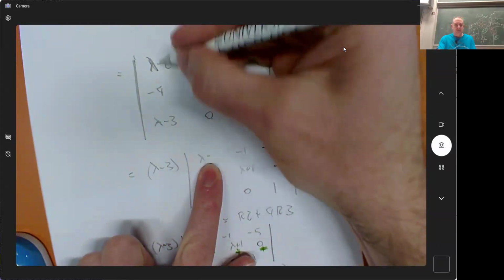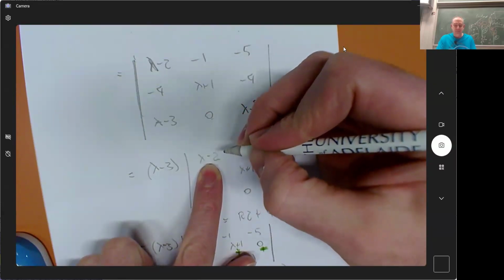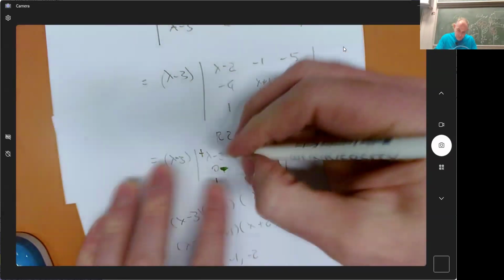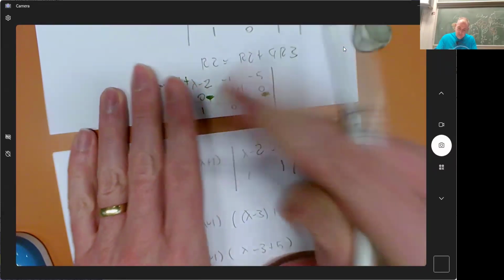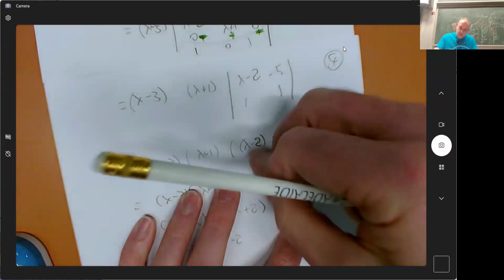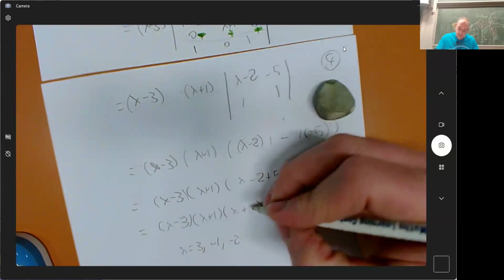Ah, there it is. That's a 2. That there is supposed to be a 2, not a 3. Yep. Lambda minus 2, lambda minus 2. So this is a lambda minus 2. This is a lambda minus 2. This is a lambda minus 2. This is a lambda minus 2. And that makes that a lambda plus 3.